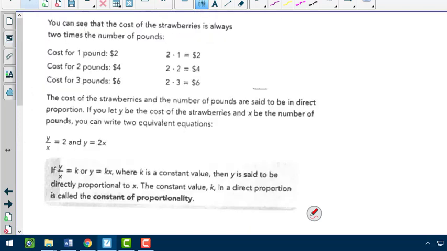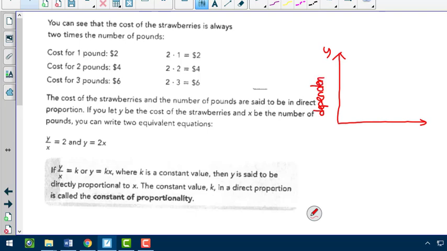Next page. You can see that the cost of the strawberries is always 2 times the number of the pounds. Yes. The cost of the strawberries and the number of pounds are said to be in a direct proportion. If you let Y be the cost of the strawberries, Y is the dependent variable. And if you think of your Cartesian plane, your X, Y coordinate axis, your dependent variable always goes on the Y axis.